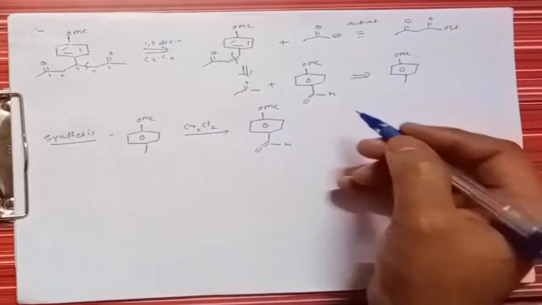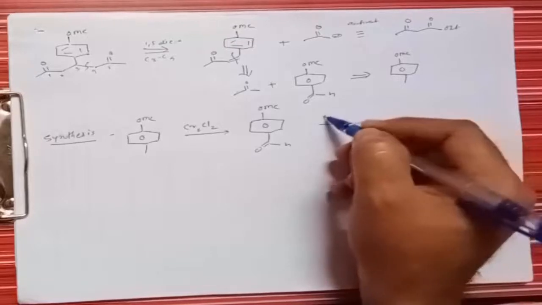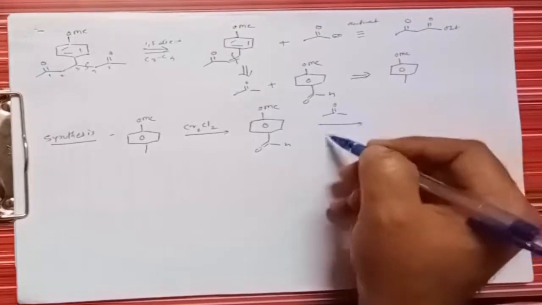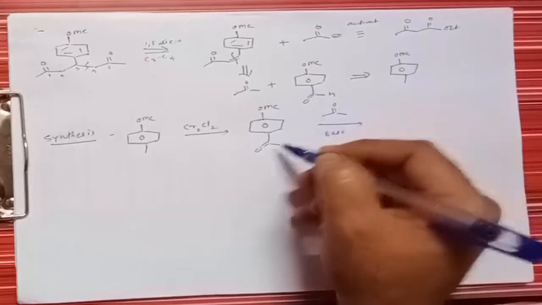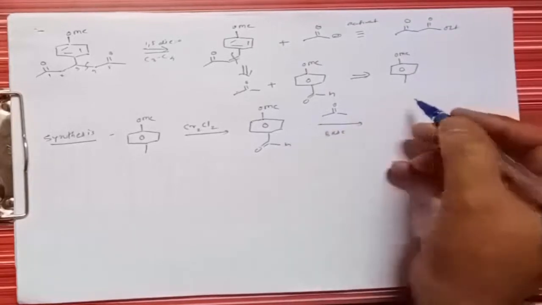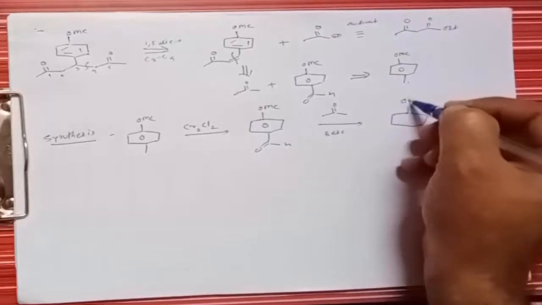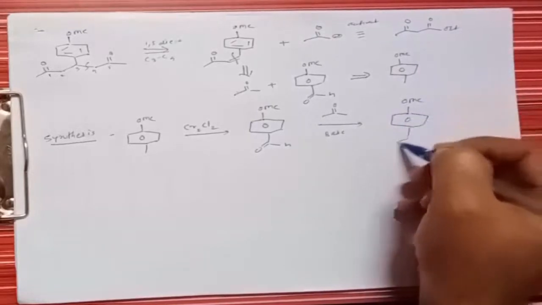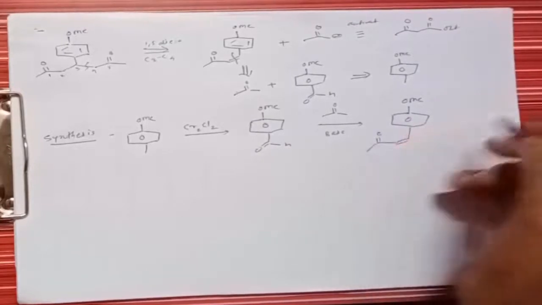Then you can treat this molecule with a ketone in the presence of a base. The base takes the proton at this position, it reacts with this aldehyde, and after elimination it gives formation of an olefin, CH2, C double bond O, CH3.